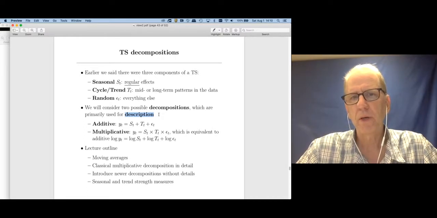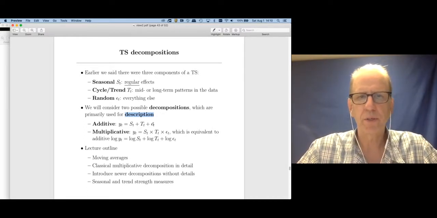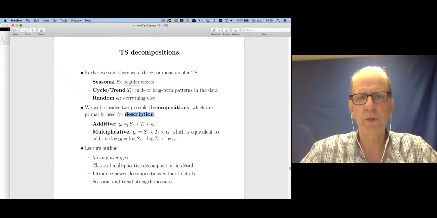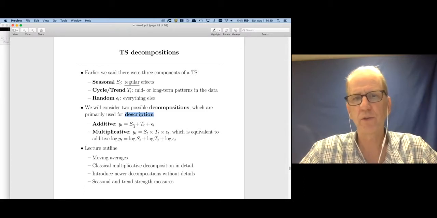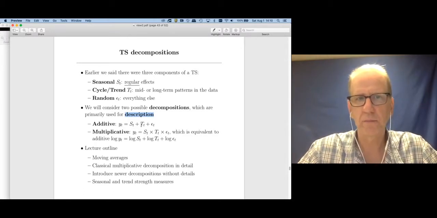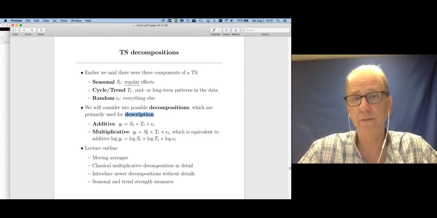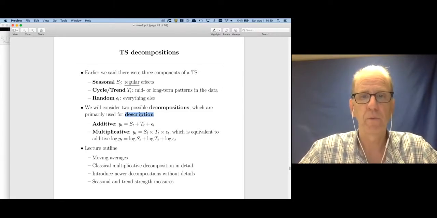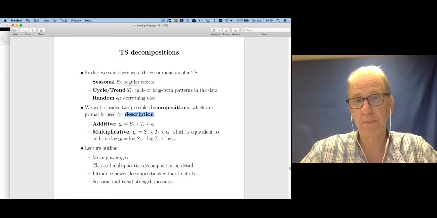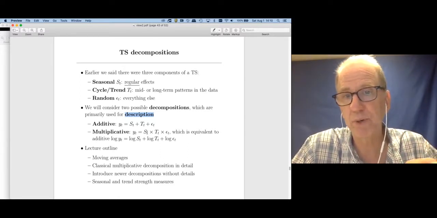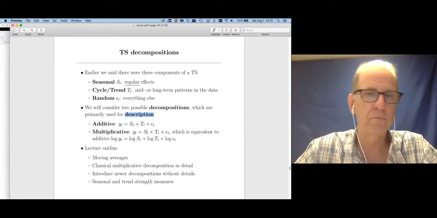Okay, now what's going to be very important is another concept from the first week, which is whether we have an additive model where we've got some seasonal trend that gets added to a cycle trend, and then the errors get added, or whether the seasonal effect is multiplicative, where every December my sales increase by 10% over what they were in November.